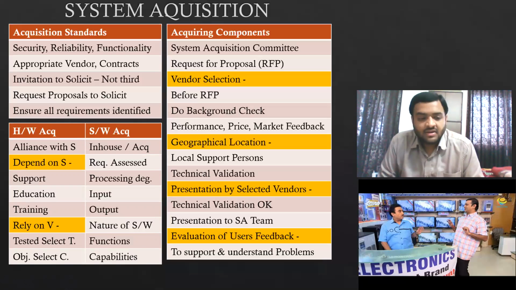Whatever the procedure is in the organization on how to acquire a hardware and what are the requirements that we have to see, that is a tested selection technique. Sometimes, instead of testing and all, we will have a criteria that must be met, that is objective selection criteria. Just remember it that way.